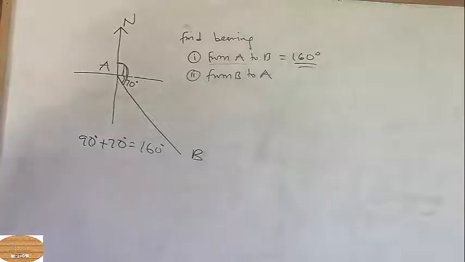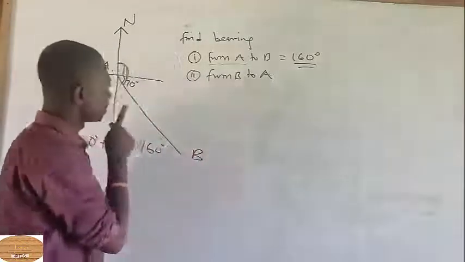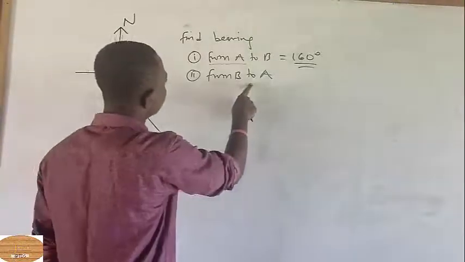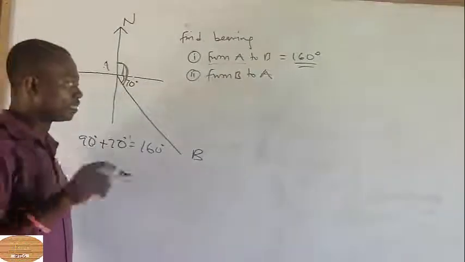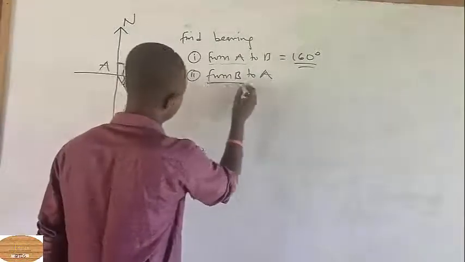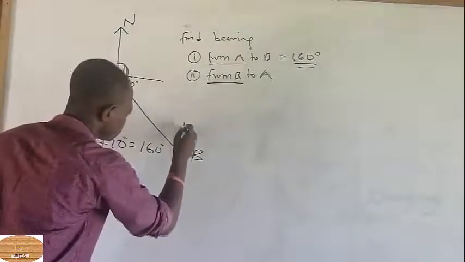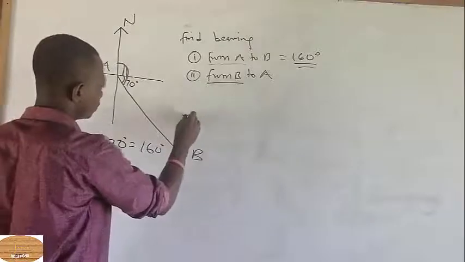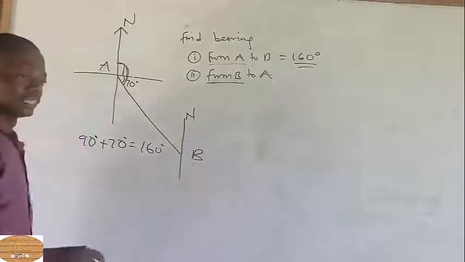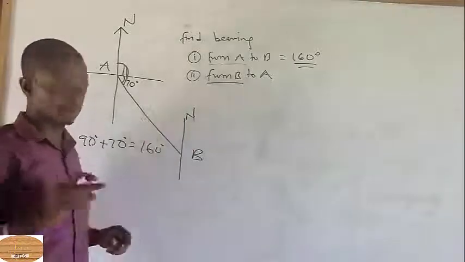Now, let's move on to (ii), the bearing from B to A. Always from B, it means B is the starting point. So we are going to draw our north for B. This is our north for B. Since we have to start from the north, it is very important to always draw your north.